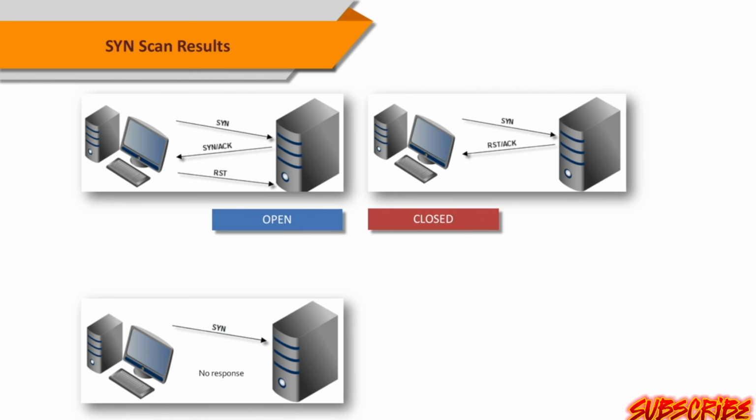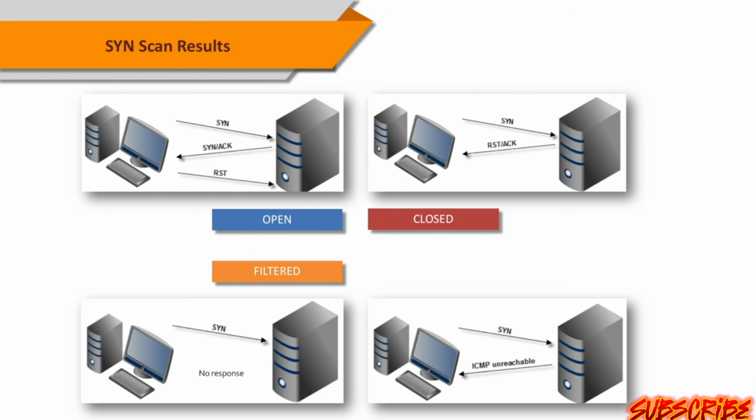If the destination system doesn't respond to our SYN packet, Nmap thinks that the packet is dropped or filtered. It's a common behavior of firewalls. If the destination system replies with an ICMP unreachable packet to our SYN packet, again, it's interpreted as filtered. This is another type of firewall behavior.